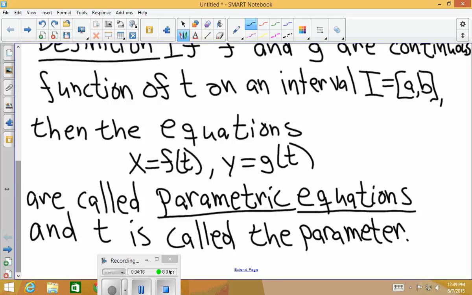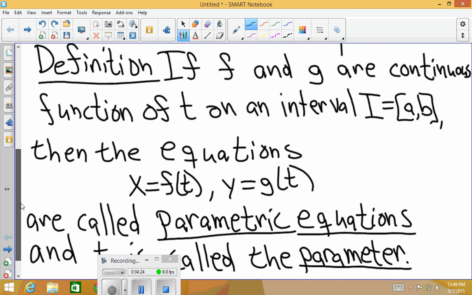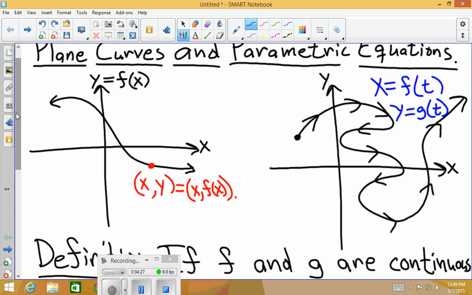So again, t will oftentimes be referred to as time. And so in our graph above, you could think of this particle moving along this graph with respect to time in the direction given by the arrows. And so at any certain time t, the coordinates of the point would be f of t, g of t, because x is equal to f of t, y is equal to g of t.